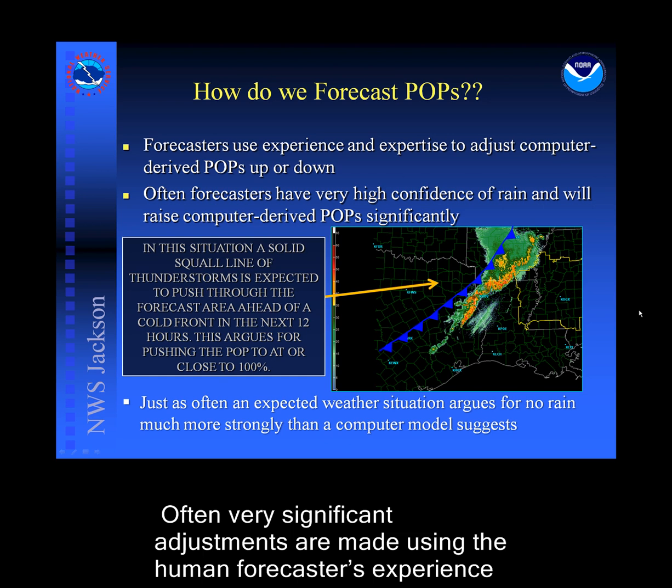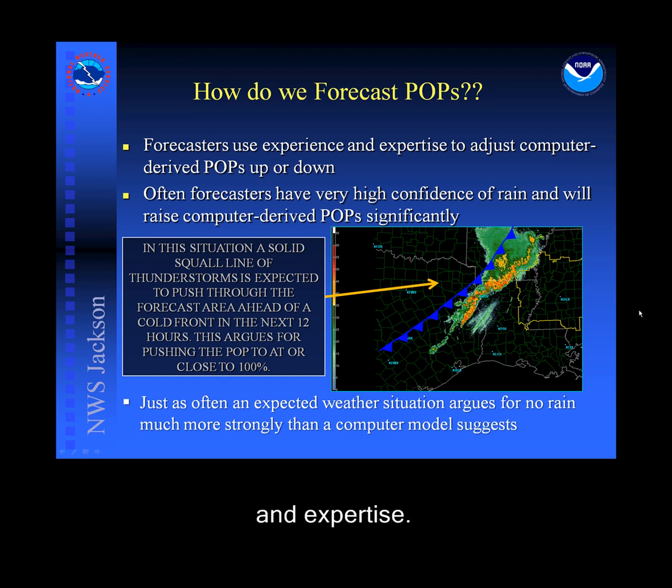This squall line is expected to remain more or less solid, which argues for pushing the POP at or close to 100% for the forecast area. But just as often, an expected weather situation is judged by the forecaster to argue for no rain much more strongly than the computer model suggests.